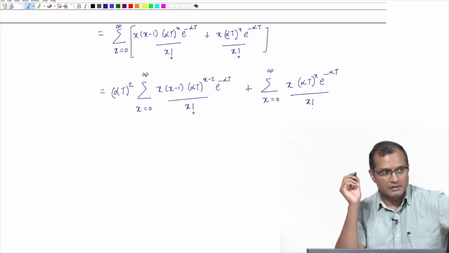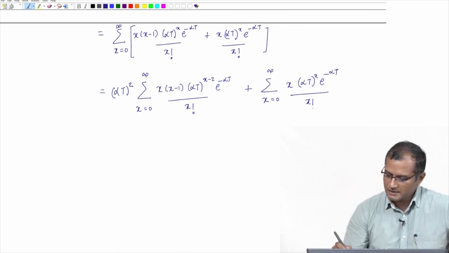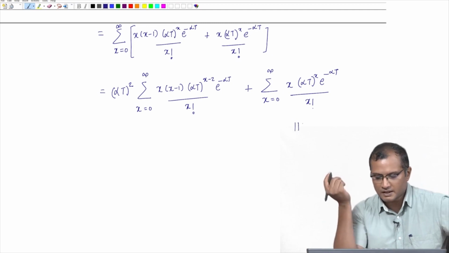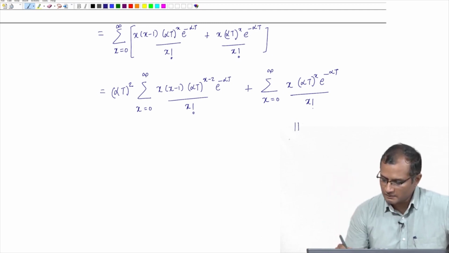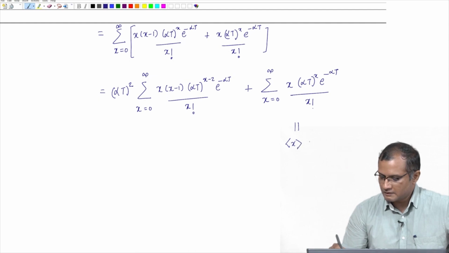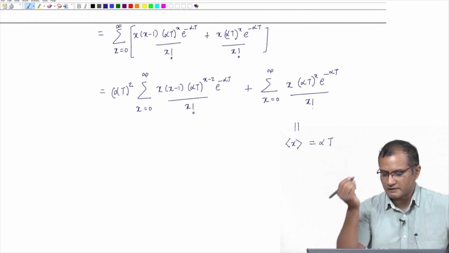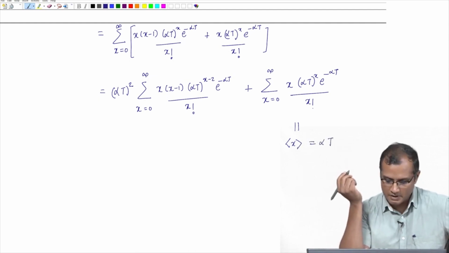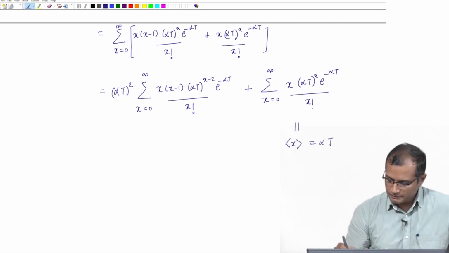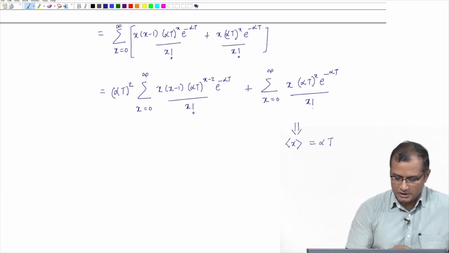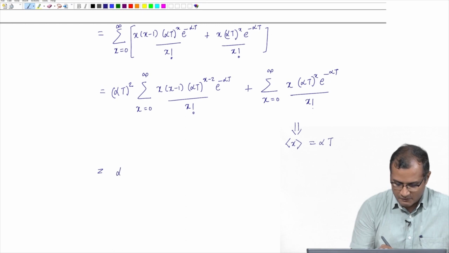All right. So, summation goes in both the terms. Now, the second term is already known to me, that is nothing but the first moment, which is computed as alpha t, it is already pre-computed. So, what I am going to do with the first term is just a small manipulation here.